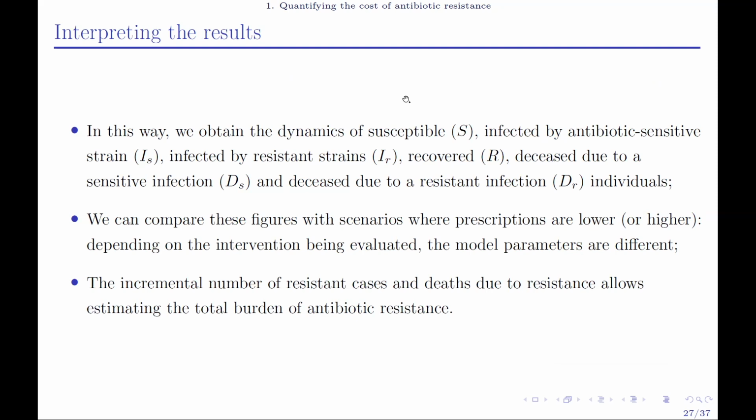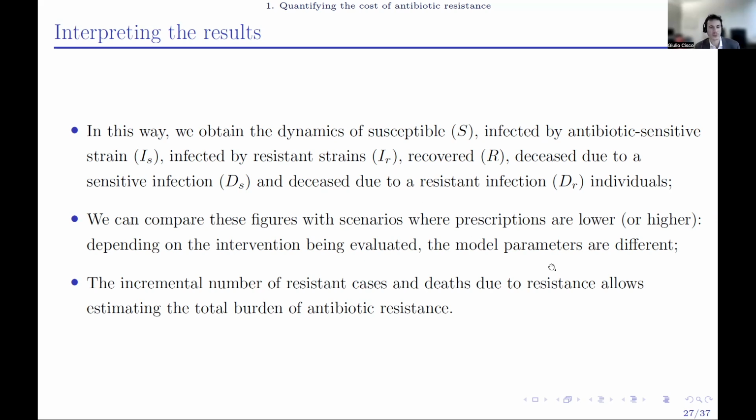Just to interpret these results, as I said, we have over time the dynamics of all these mechanisms between different compartments. And what is important is that by changing the parameters, for example the prescription rate, we can see how the model works, and of course it changes depending on the change in the parameter we made.